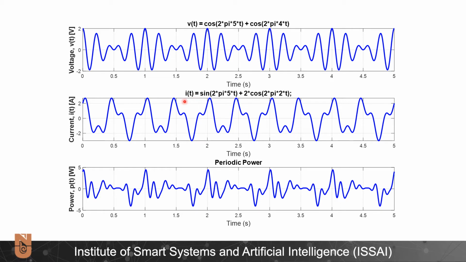Similarly, for the current, we also have the summation of two sinusoidals. And when we find the instantaneous power, we have a periodic waveform here as well. Here you see the power waveform repeating itself, even though the waveform is quite complicated and does not look like a regular sinusoidal.